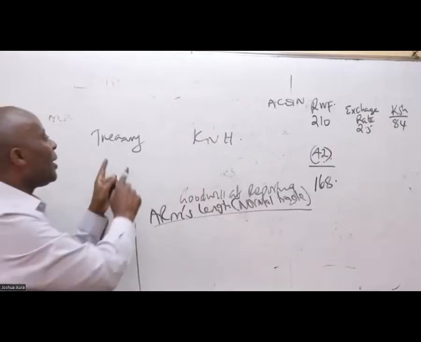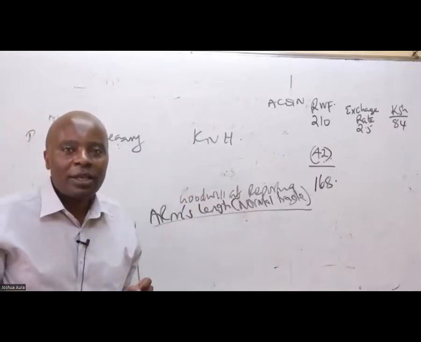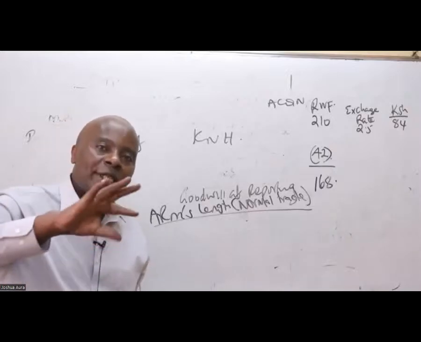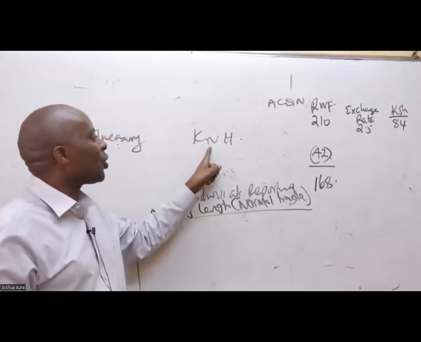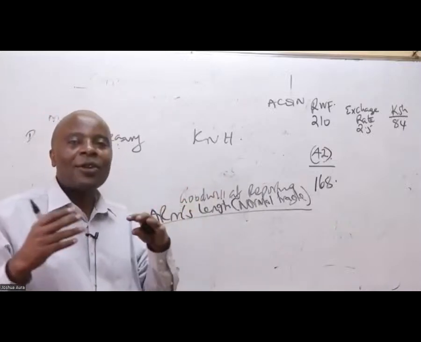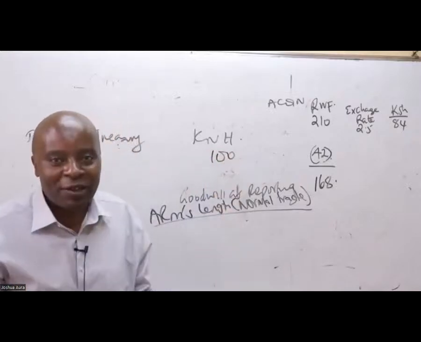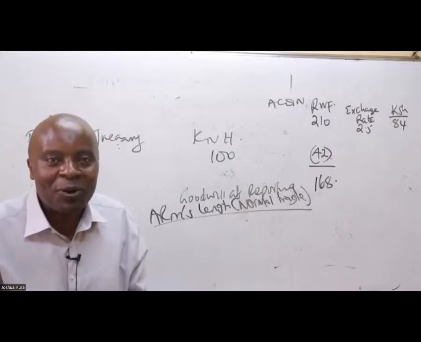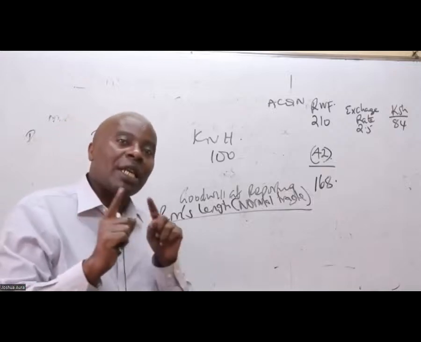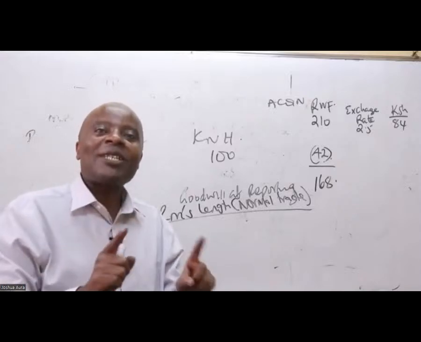So assuming in the year, treasury takes their employees for treatment to Kenyatta National Hospital, and treasury pays whatever it has been invoiced by Kenyatta National Hospital, normally as if these people are not our relatives. If, for example, we charge everybody 100 shillings for whatever service you're offering at KNH, and treasury people also pay 100 shillings, then we shall not disclose, because that is business between related parties at arm's length. Normal trade, the prices are the same.